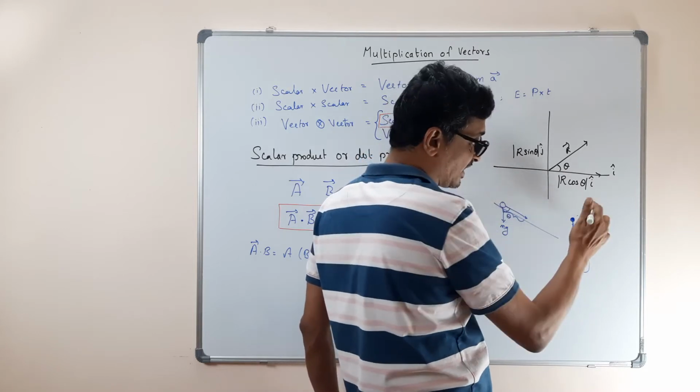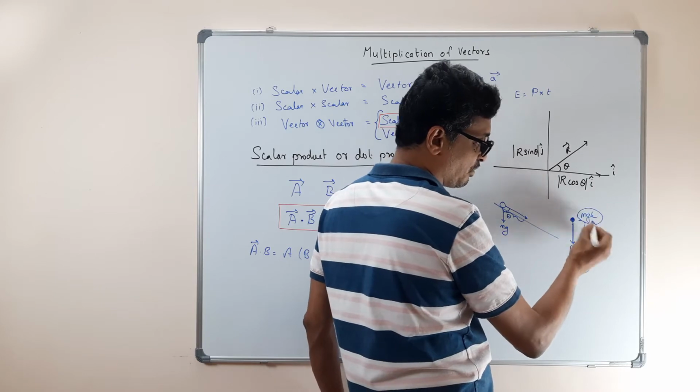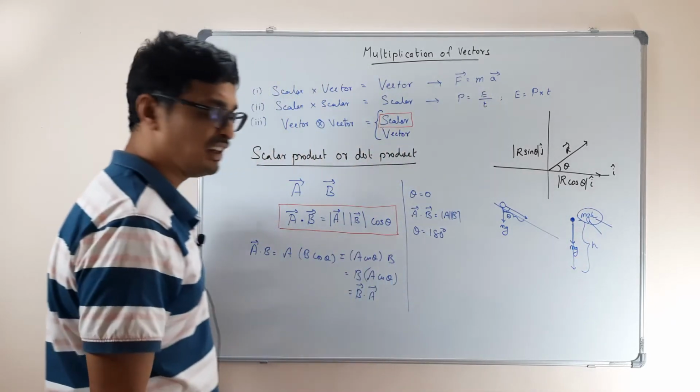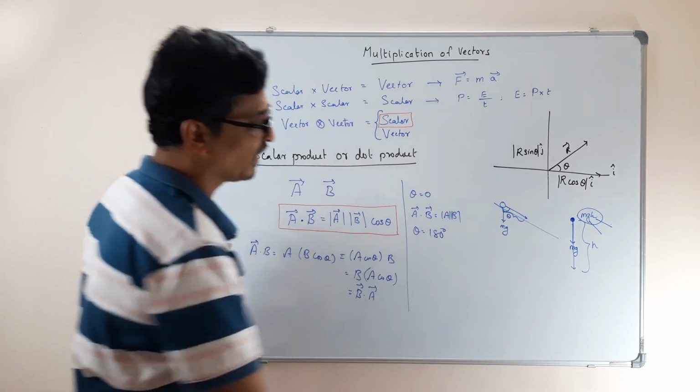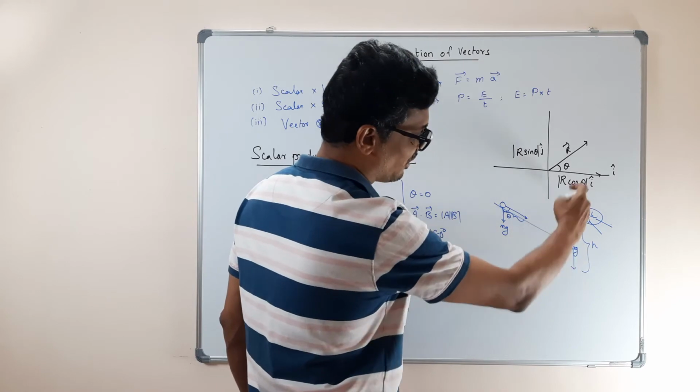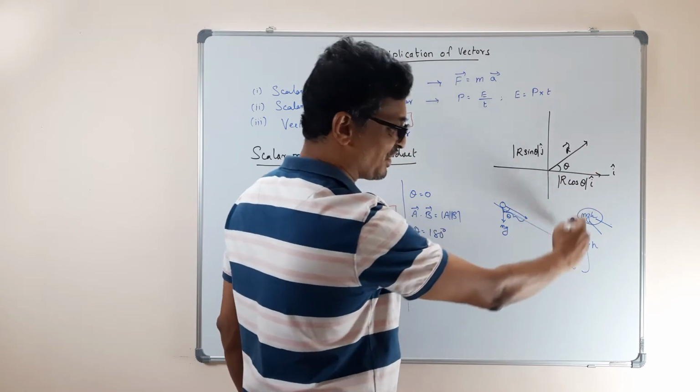When you find the work done, it is mgh. G is a vector, h is a displacement, so this is again a scalar product. Normally you don't take any cos theta there because theta is 0.